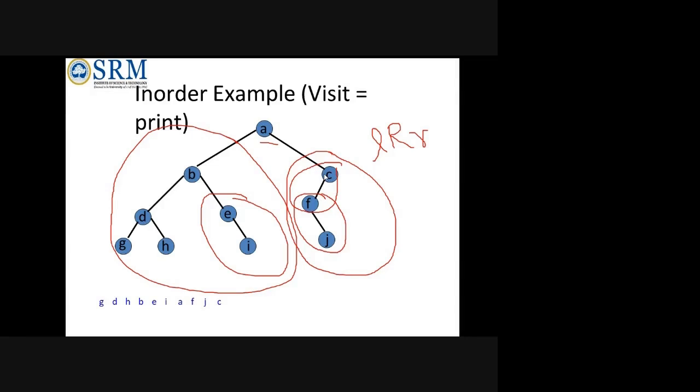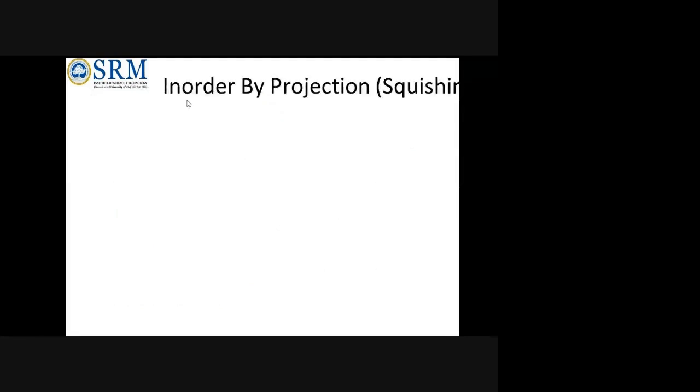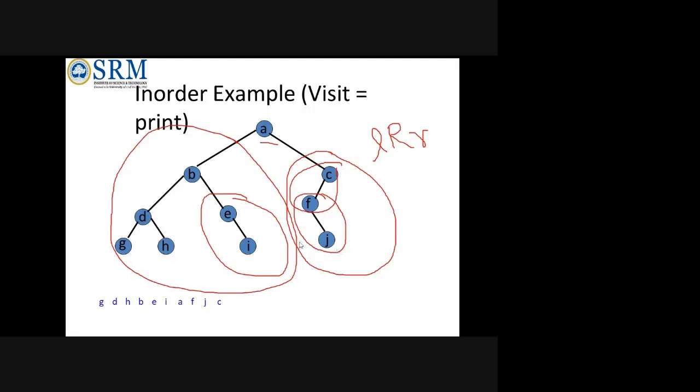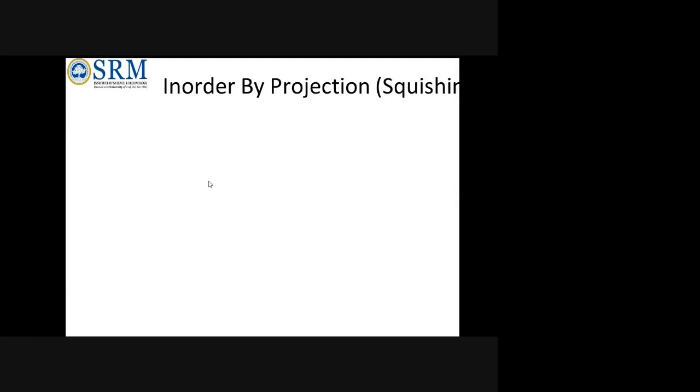And in-order traversal has another good facility. When you look into the tree visually, you can take it by projection, in-order by projection. So after finishing this, you can check whether it is right or wrong by the squishing rule.